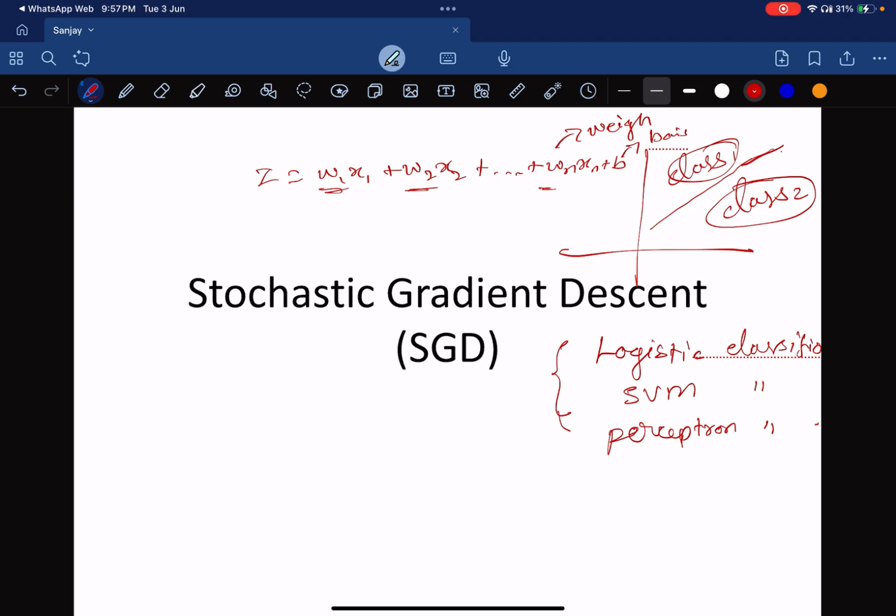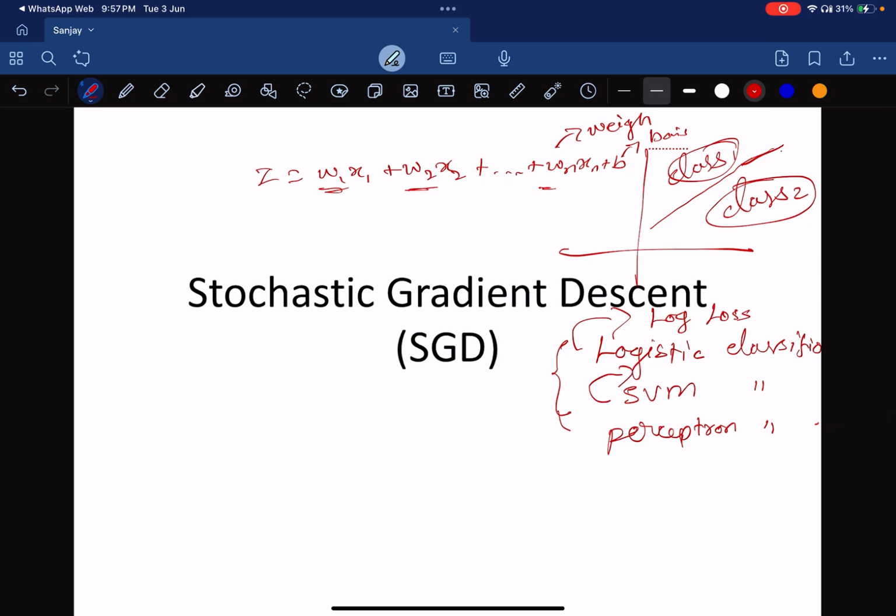The only differences between these algorithms are the loss function and how they update the weights. For example, the loss function of logistic regression is called log loss. It will find the error or losses in the misclassified data.